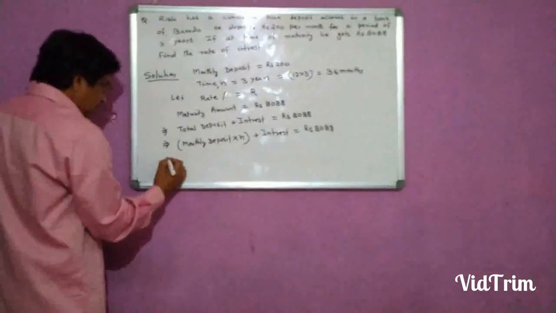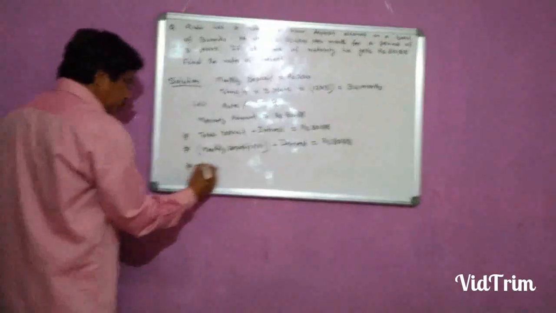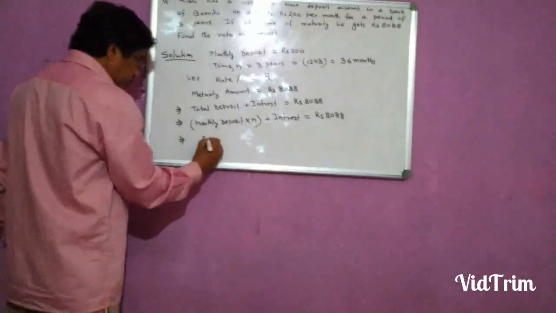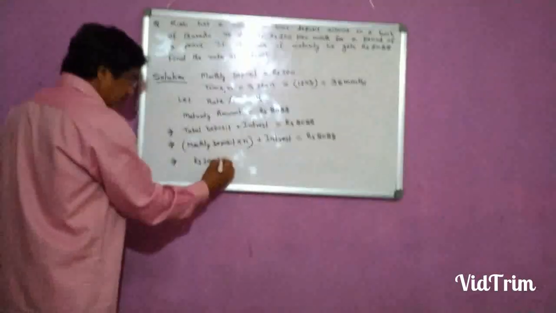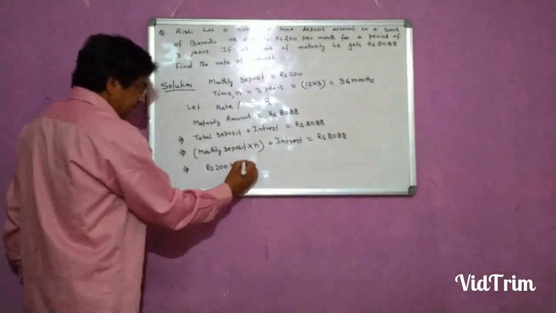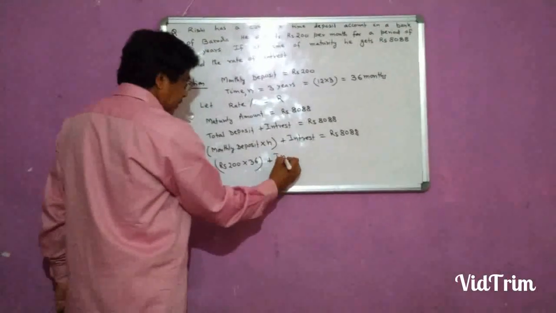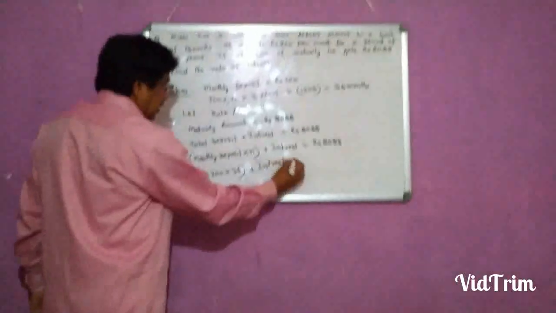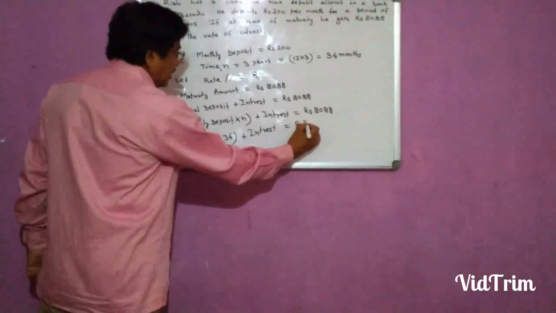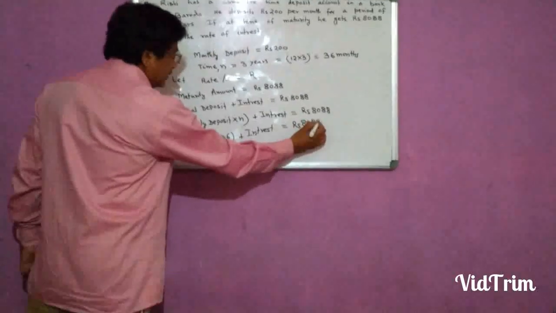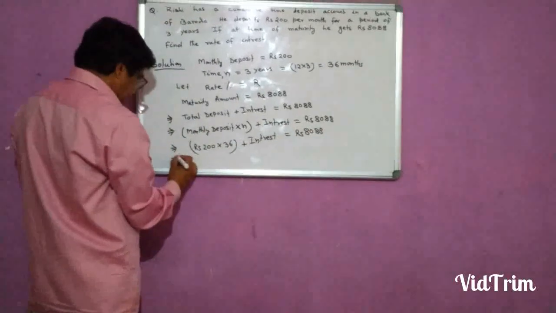What is this monthly deposit? That is already given in the question. That is rupees 200 into 36 plus interest is equal to rupees 8088. And finally this becomes what?